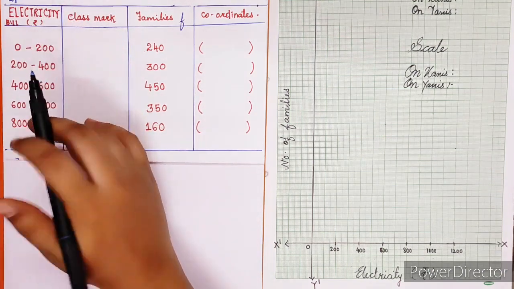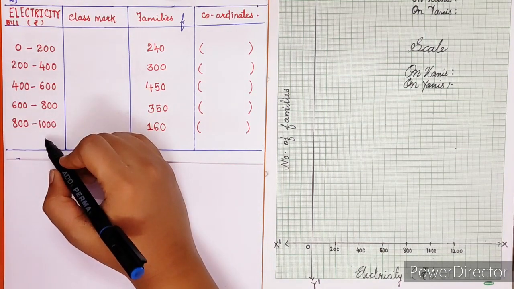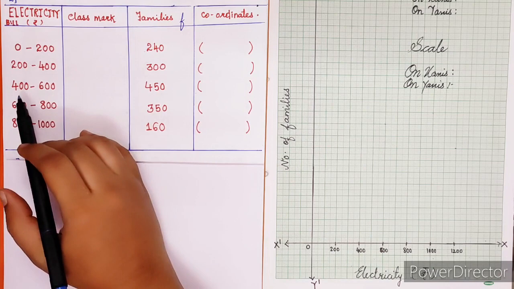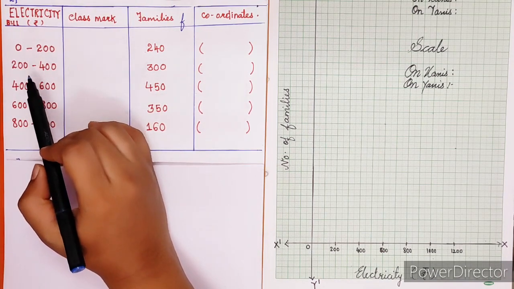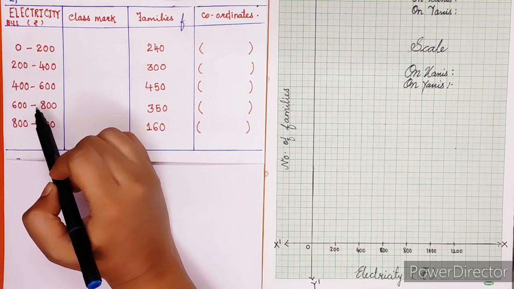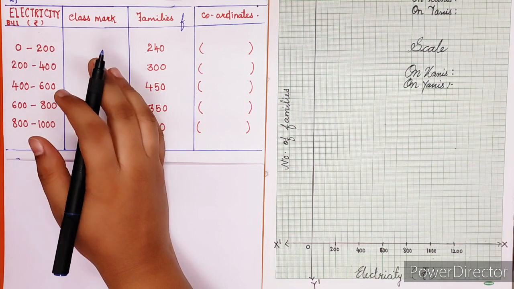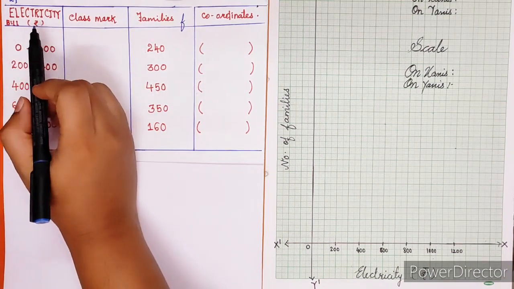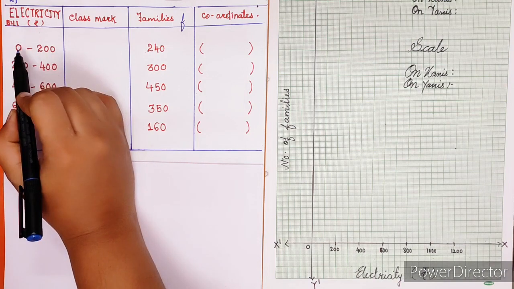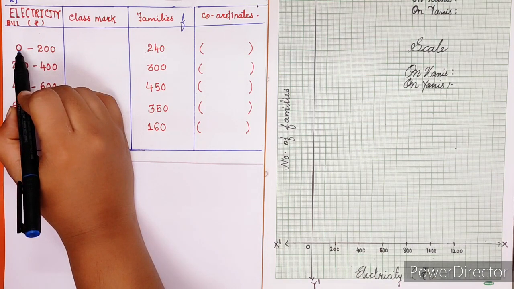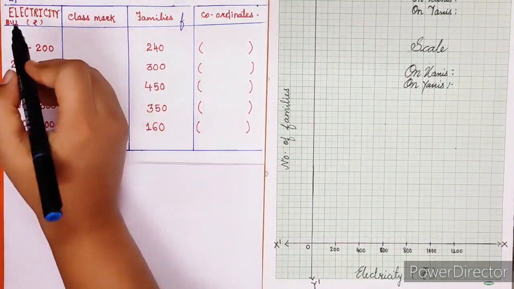In the first column we have to make one preceding class and one succeeding class after reading the classes. You will see the class difference is 200. Based on that class interval, we have to make one preceding class and one succeeding class. Now it is about electricity bill in rupees, and your class starts from 0. If you make a preceding class, you have to go into minus.